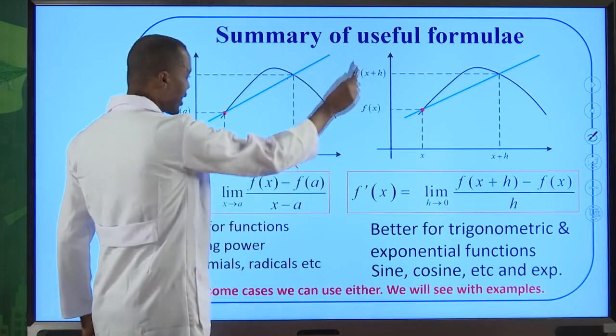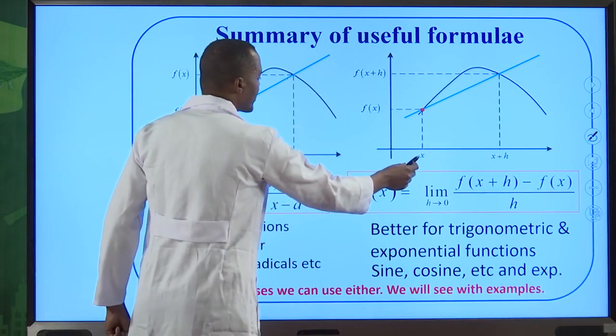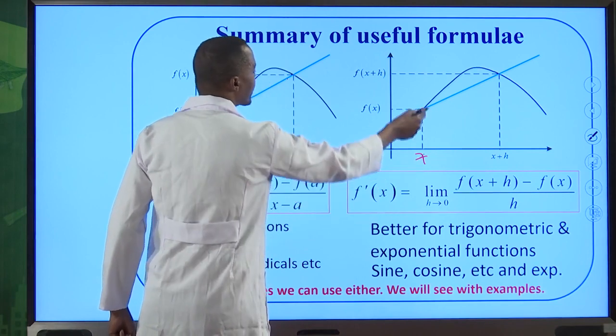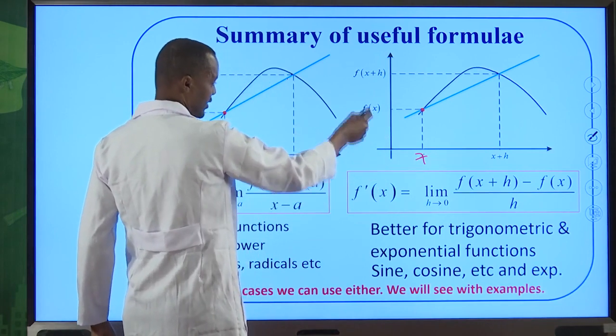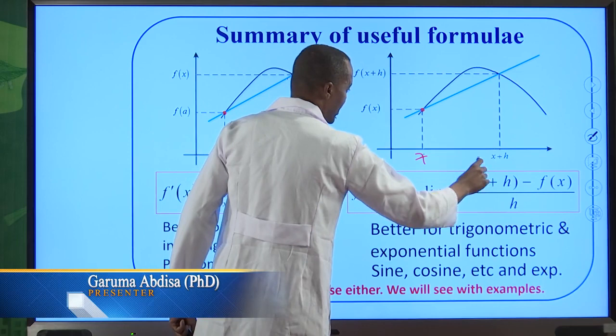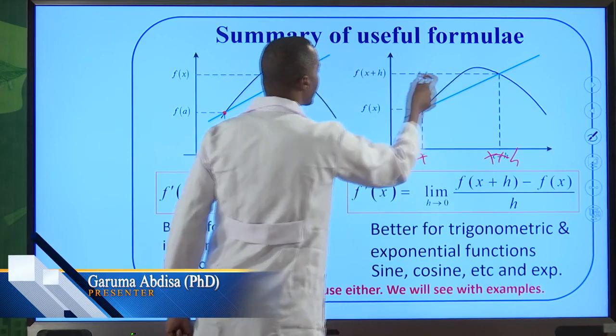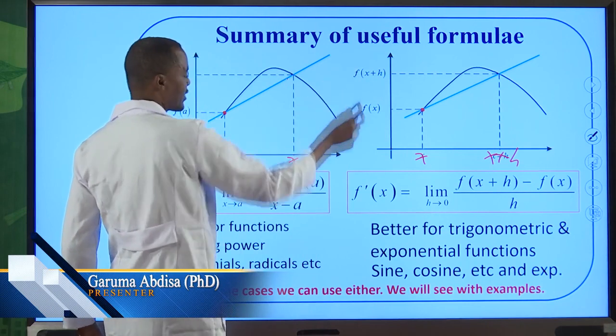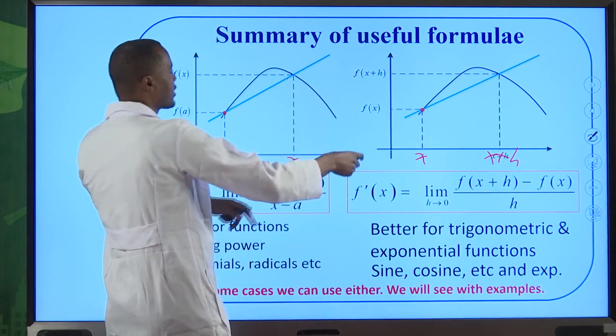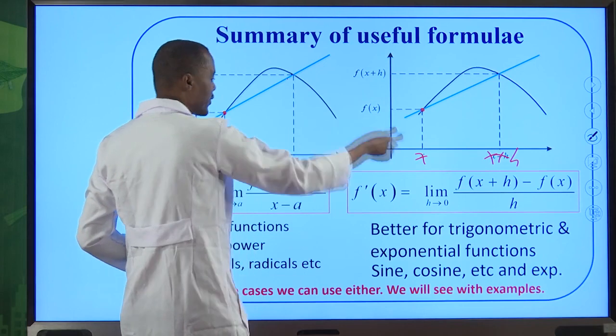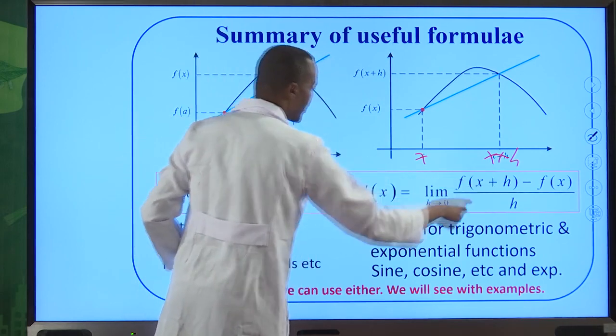Alternatively, for the same thing, I can write this point to be x. So correspondingly, this is f of x. I can write here x plus h. Correspondingly, I can write here f of x plus h. So the vertical increment is f of x plus h minus f of x, which is the numerator here.